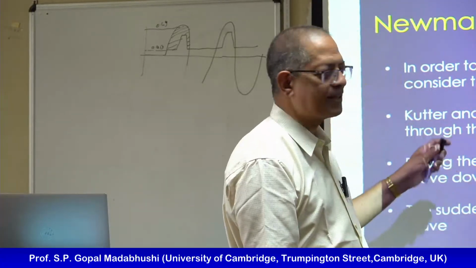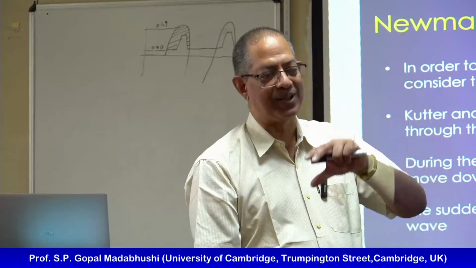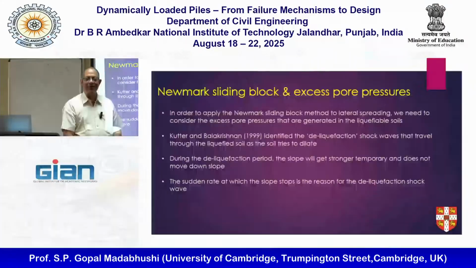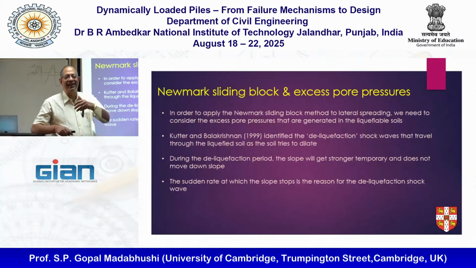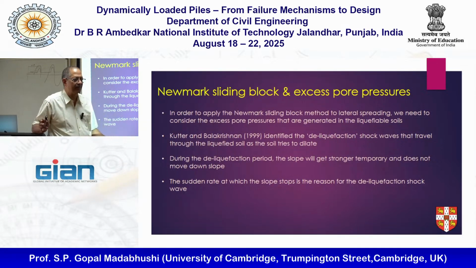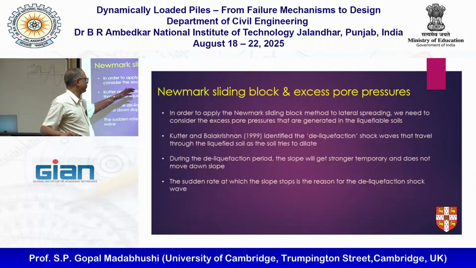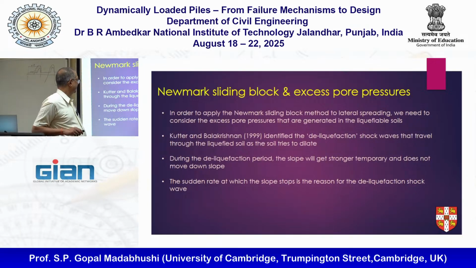So what started as a simple block on the slope has kind of, we are now putting higher and higher ragas and swaras and making it more complicated. However, the mechanics is still very simple. We can include some of these other features into this same idea of downslope movement.